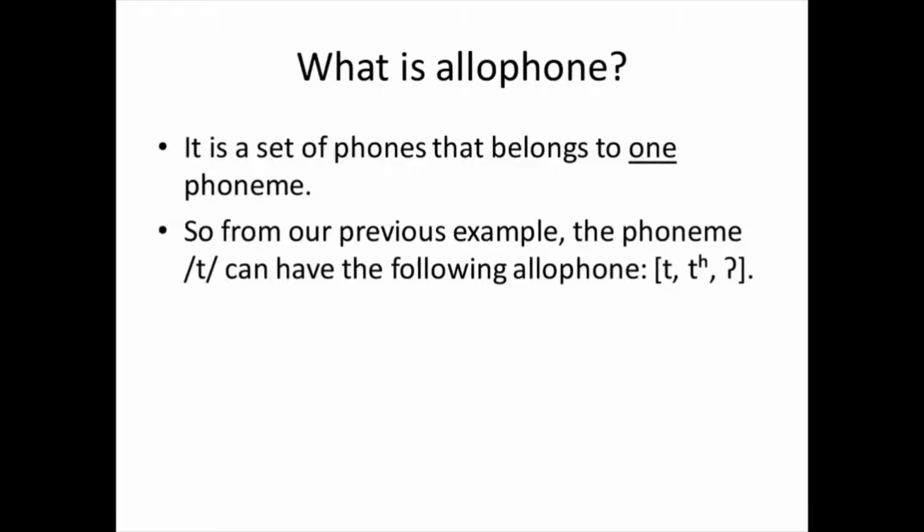So from our previous example, the phoneme t can be realized in 3 different ways. And the allophones are the plain t, the aspirated t, and the glottal stop. So these are the allophones of the phoneme t.